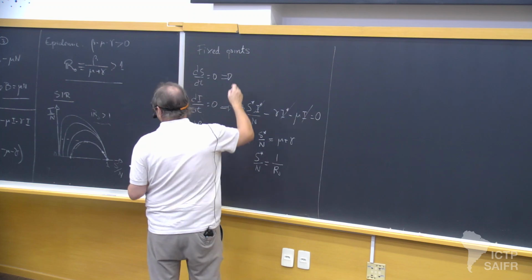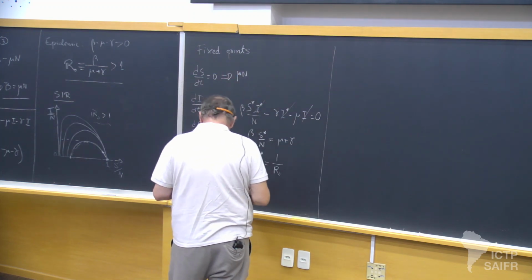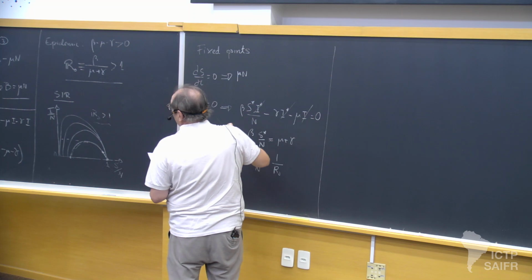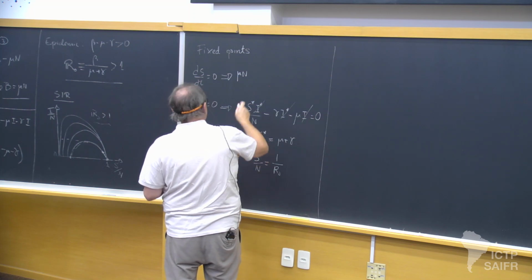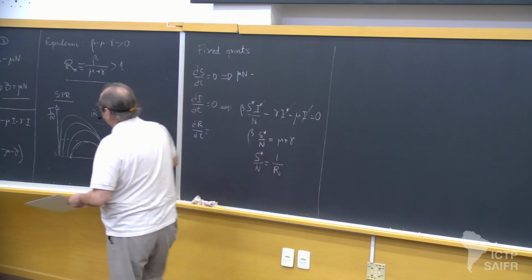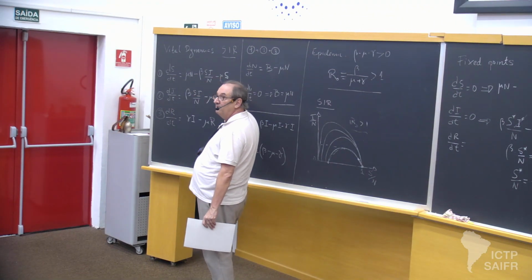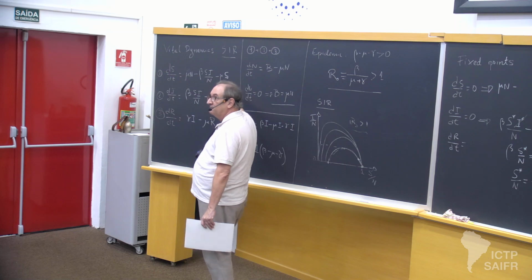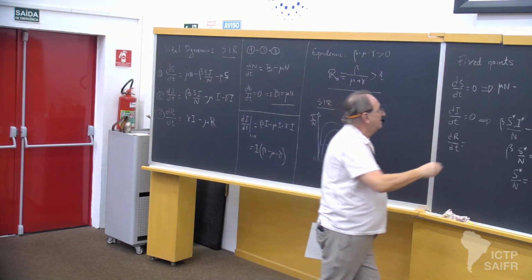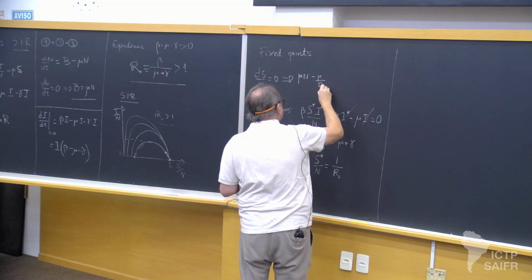So this will give you mu N minus mu S. I begin with this one, then this one, but now S is equal to N over R0. Then you have minus mu divided by R0.